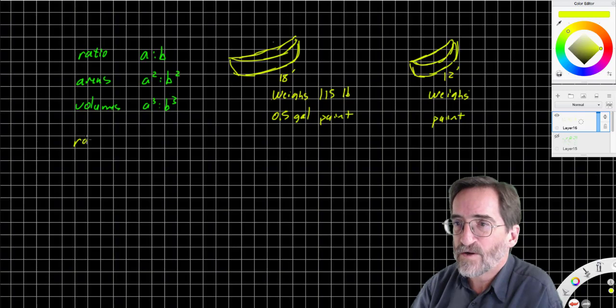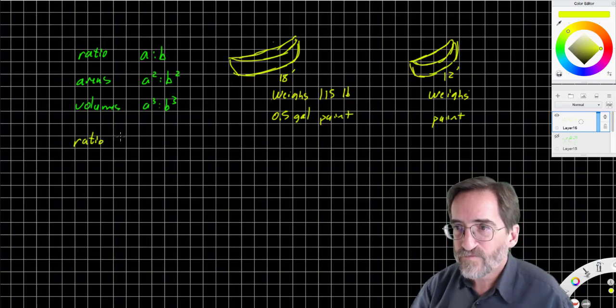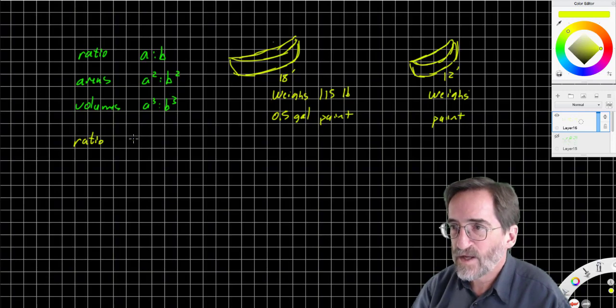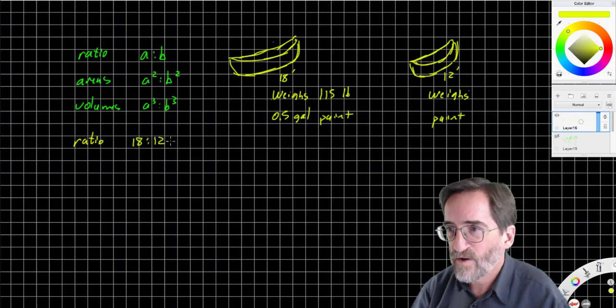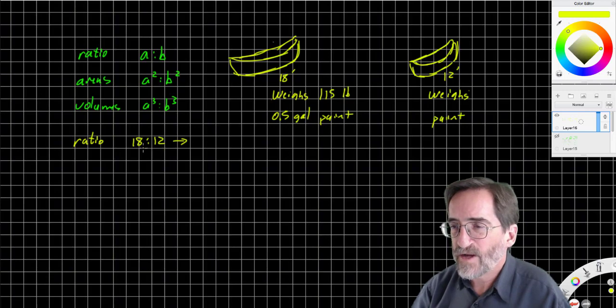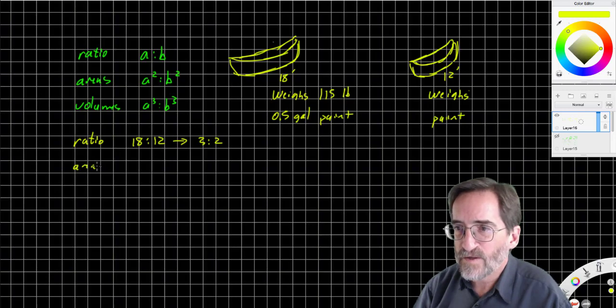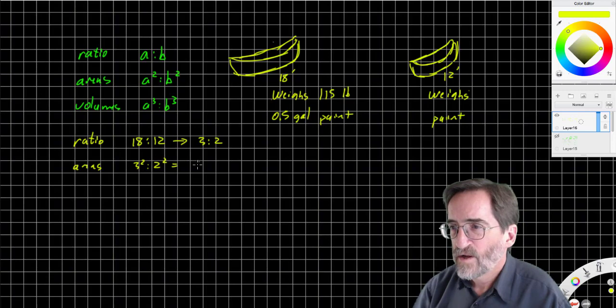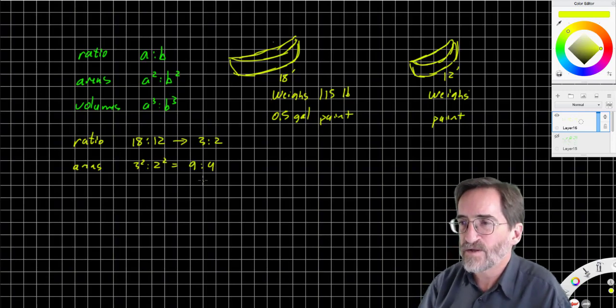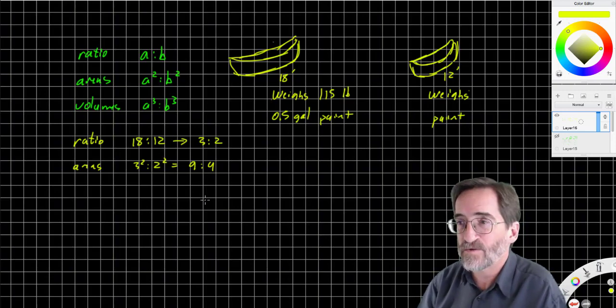The ratio of lengths is 18 to 12. Let's reduce that by dividing by 6. That's 3 to 2. So the ratio of areas is 3 squared to 2 squared. 3 squared is 9, 2 squared is 4. So the ratio of areas is 9 to 4, and that goes to the question of how much paint she's going to use.